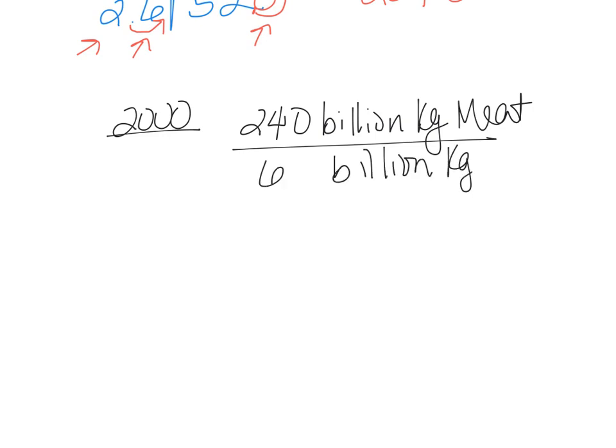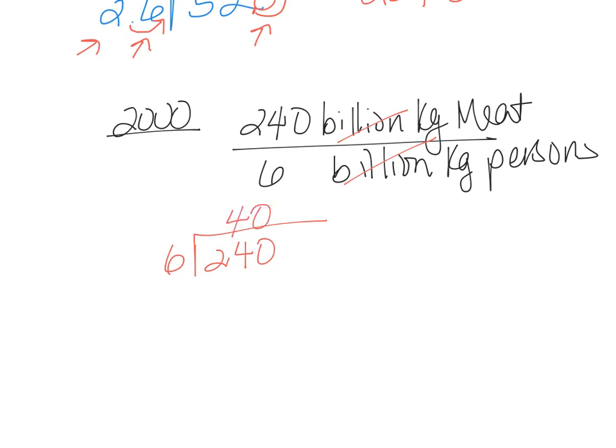We're up to 7.5 billion now of people in the world. But at the time it was 6 billion. We canceled those out. And 6 goes into 240 nice and evenly at 40. So this would be 40 kilograms. And so those are our two answers, 20 kilograms of meat per person and 40 kilograms of meat per person. So there were two answers to that question.